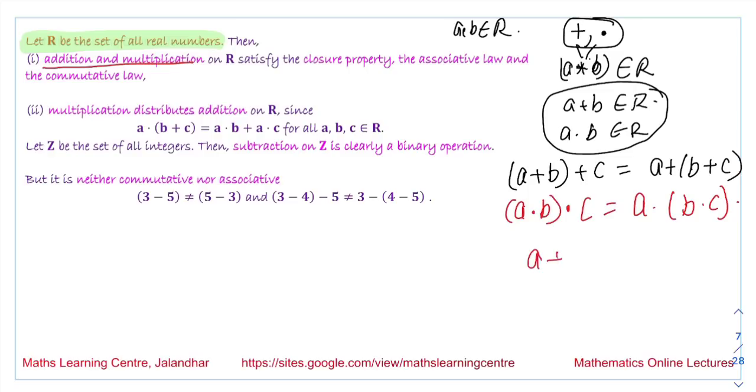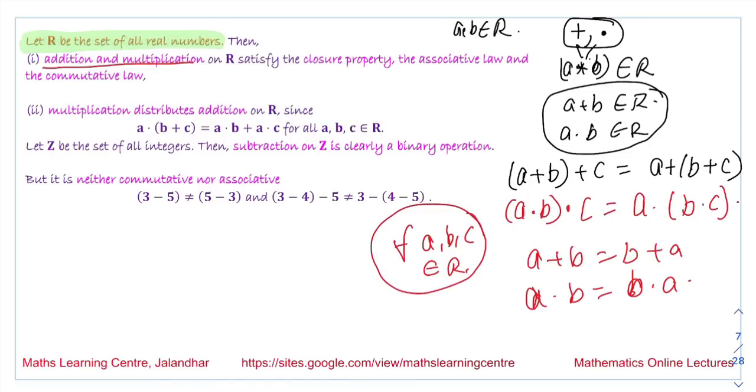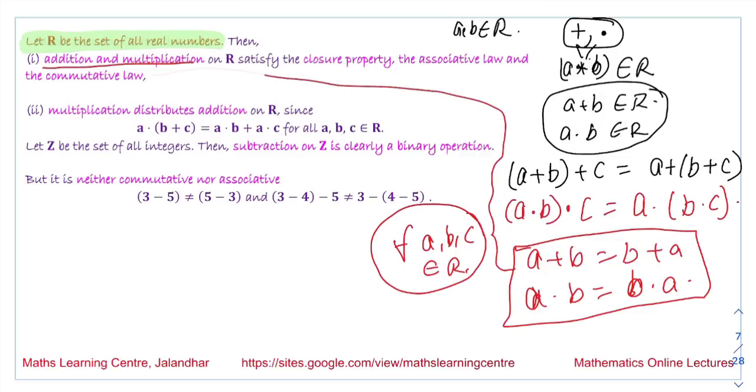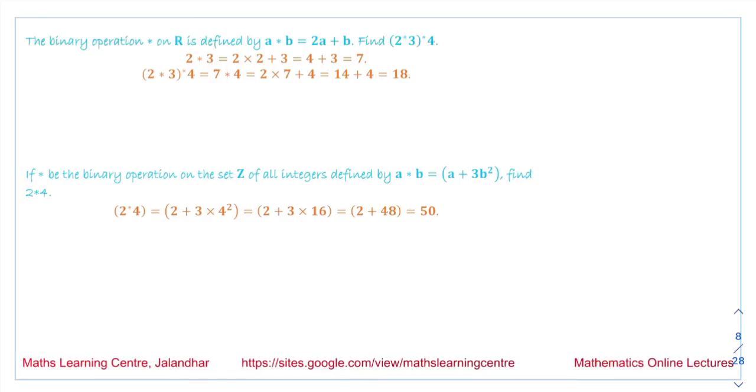Similarly, A plus B equals B plus A, and A into B equals B into A, for all A, B, C belonging to the real numbers. Because these results hold, the real numbers follow the commutative law.